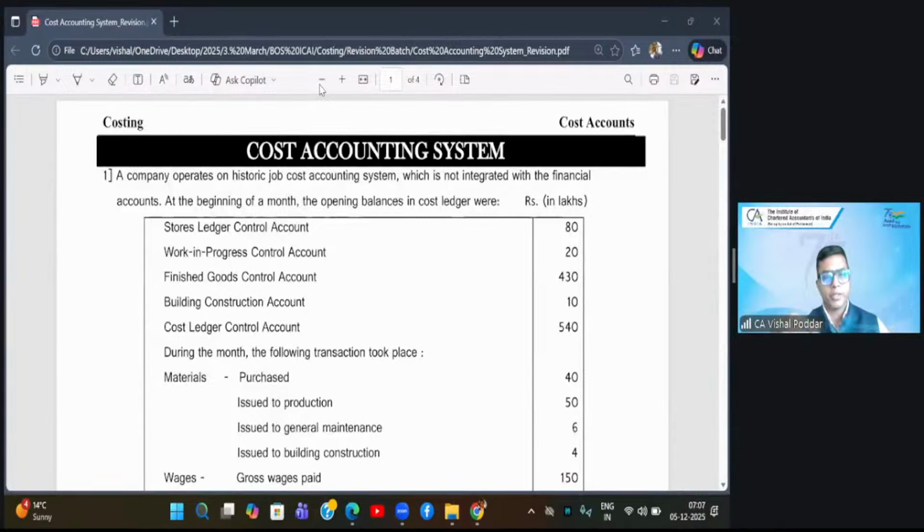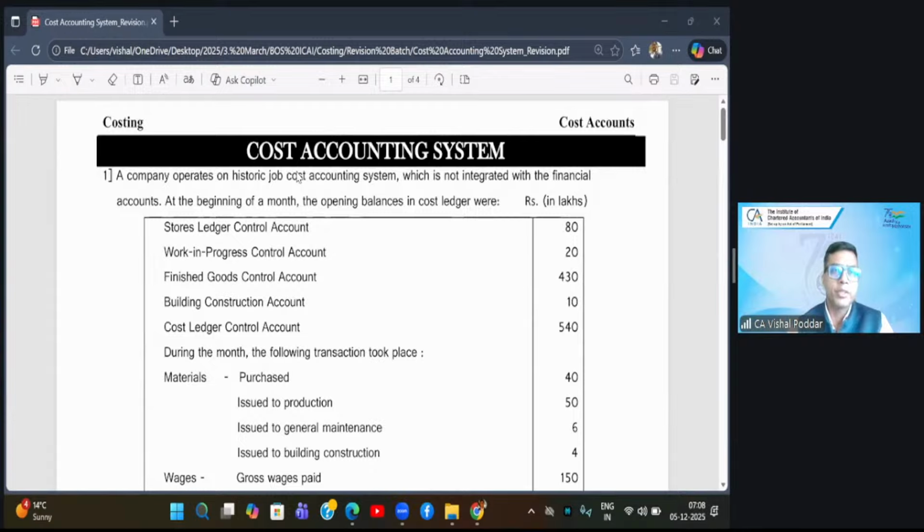Now, what is the difference? The difference is where you are maintaining a single set of books. What single set? That is the books which comprise financial accounting data as well as cost accounting data. Then that is the integrated approach or the integrated method of cost accounting.